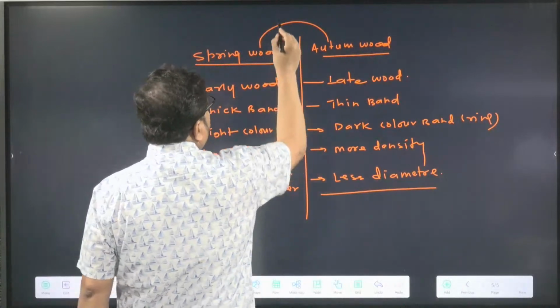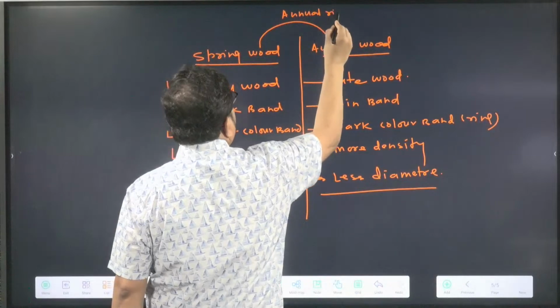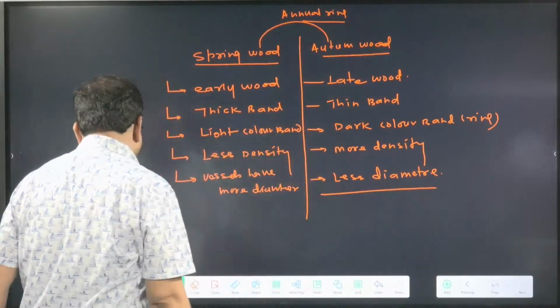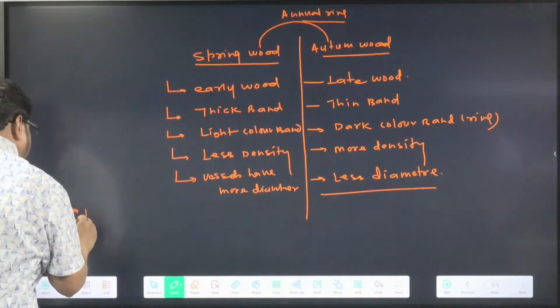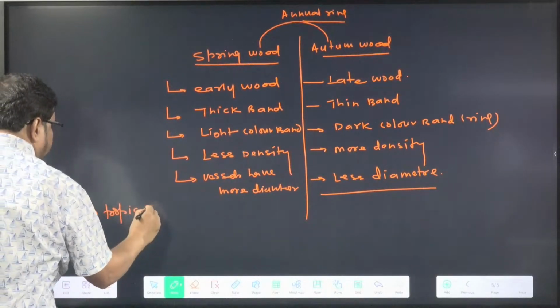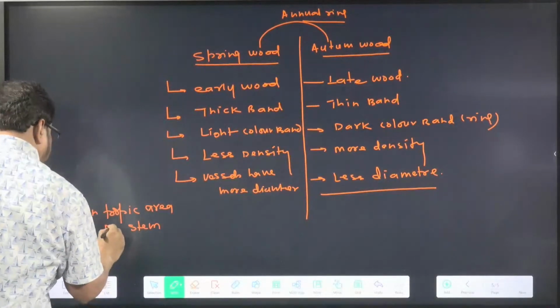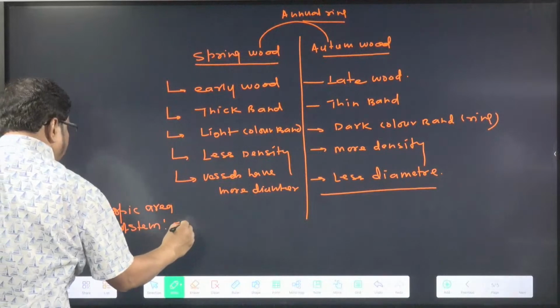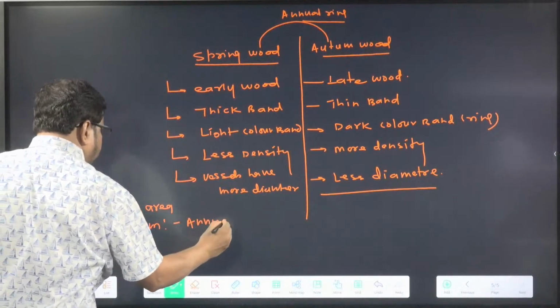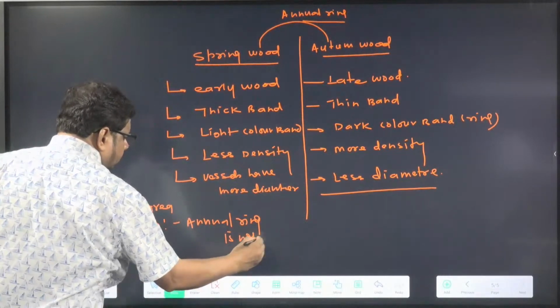And spring wood and autumn wood together form which one? Annual ring in temperate climatic condition. In tropical areas, in a stem, annual ring is not prominent.